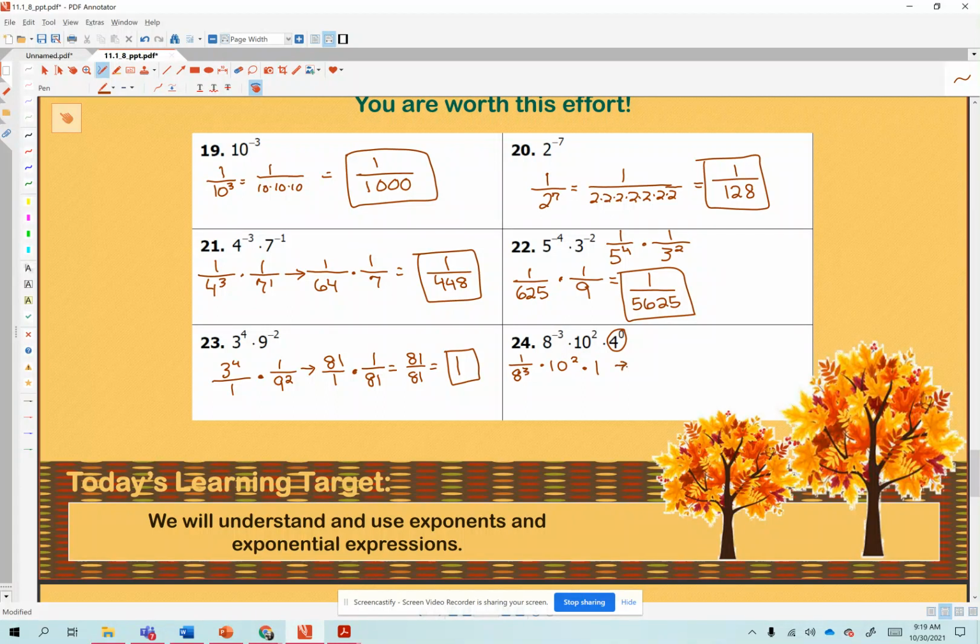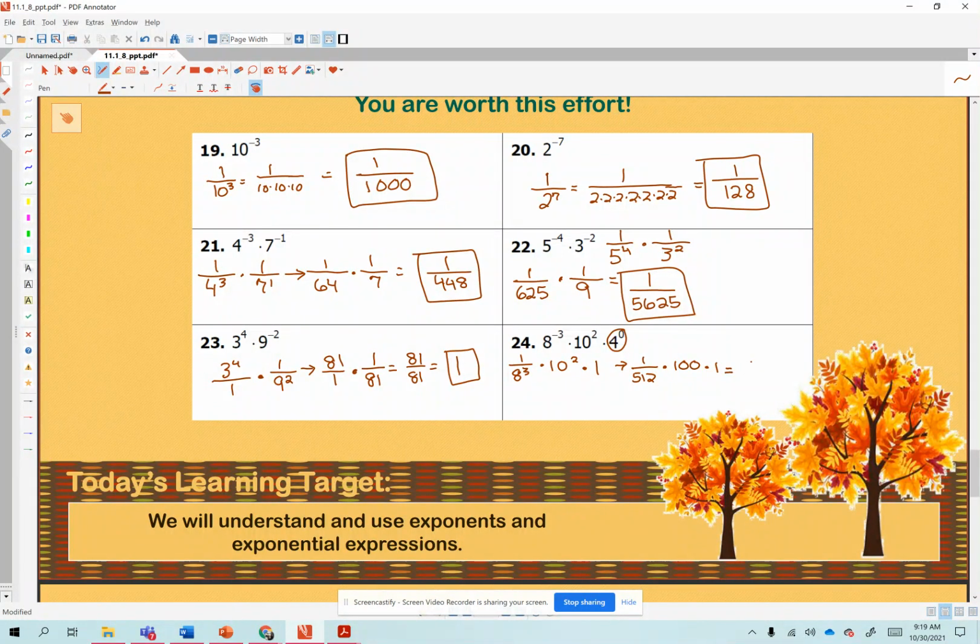So let's rewrite that. 1 over 8 to the third is 1 over 512. 8 times 8 times 8 is 512. 10 to the second is 10 times 10. That's 100 times 1.